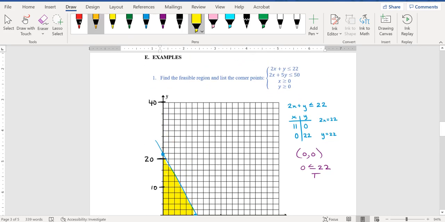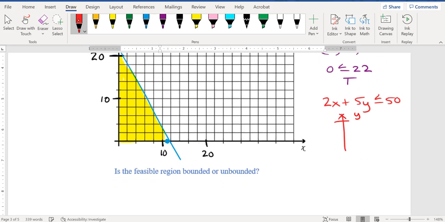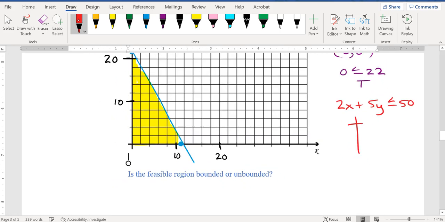And let's go to the second one. 2x plus 5y less than or equal to 50. If I graph by intercepts, if y is 0, I get 2x equals 50. So x is 25.